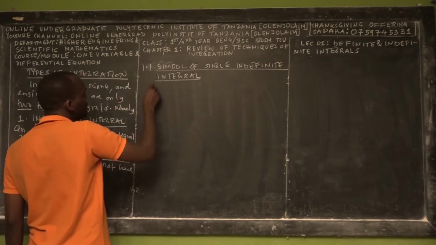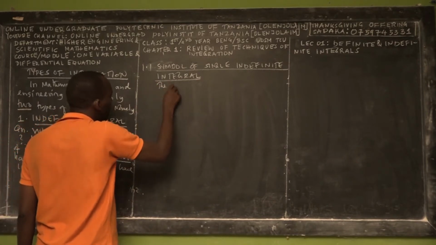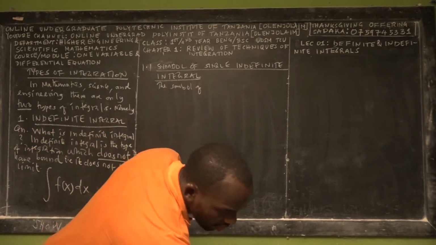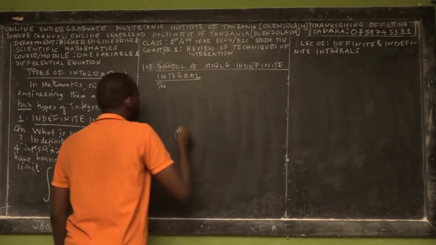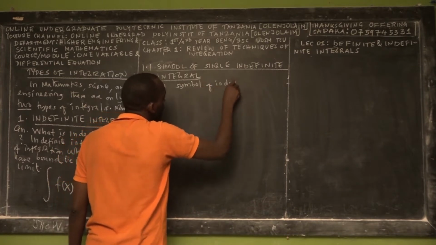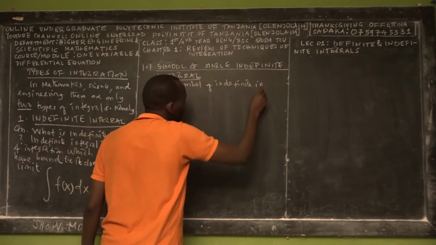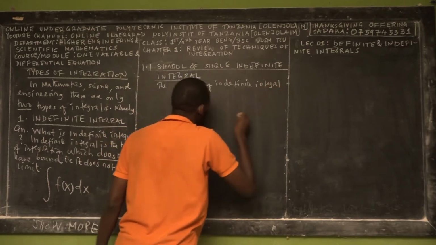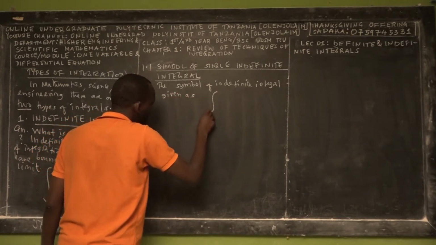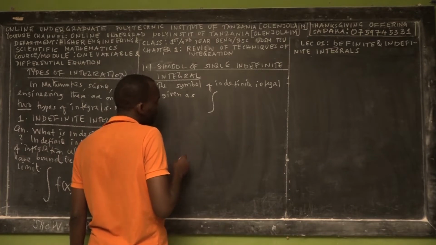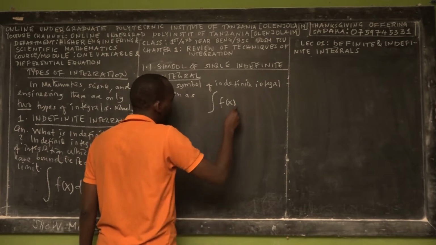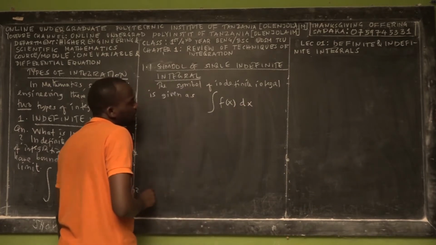So we say that the symbol of the indefinite integral is given as this. This is the symbol. So the indefinite integral is the integral of f of x dx.